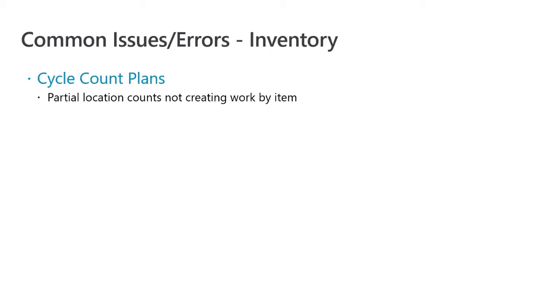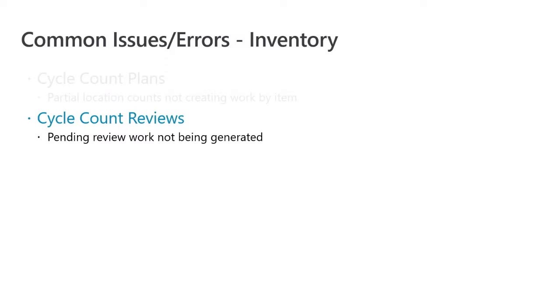If you are trying to configure those plans to do partial location counts, meaning by item for multiple item locations, and you're running into an issue where your cycle count plan is generating work, but not by item, it's generating work for the entire location, and that's not the desired output, then you may be running into that issue, and we'll discuss how to troubleshoot that.